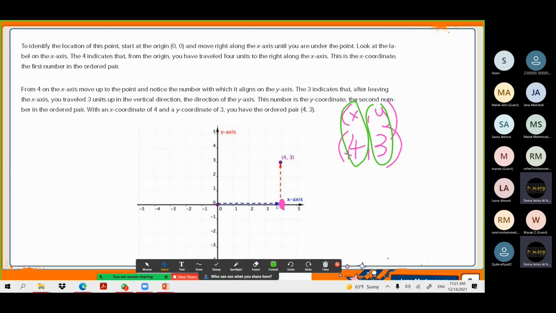Positive. So since it's positive, I have to go upward. With how many units? With 3 units, because the value of y is 3. So 1, 2, 3. So here is the location of the point. That's it. Did you understand it now? Yeah, okay, thank you.